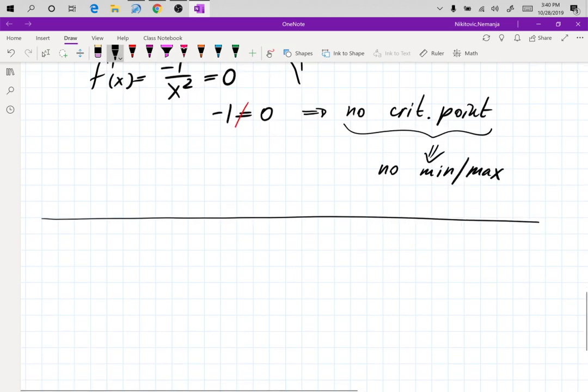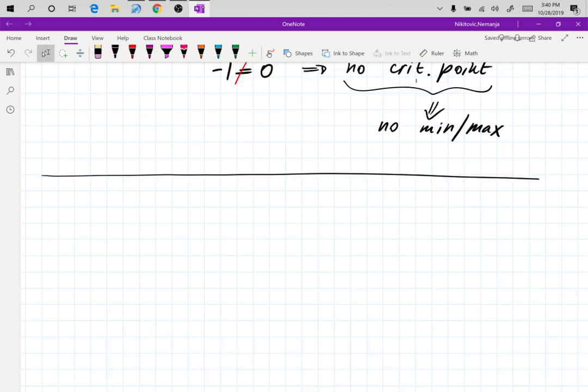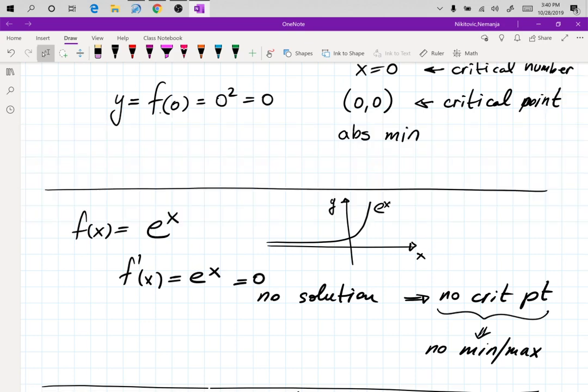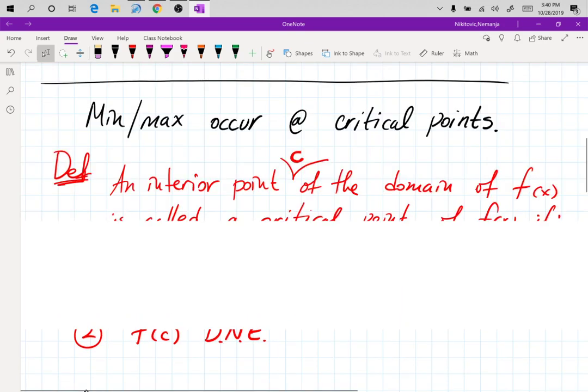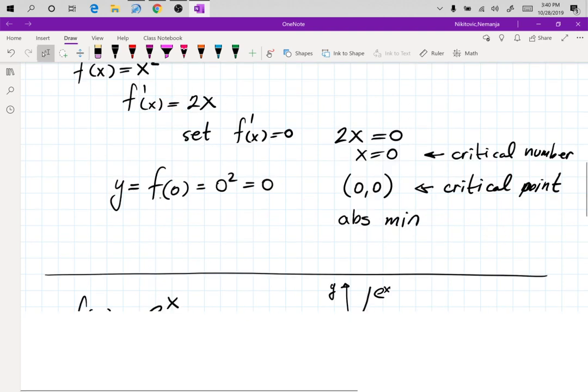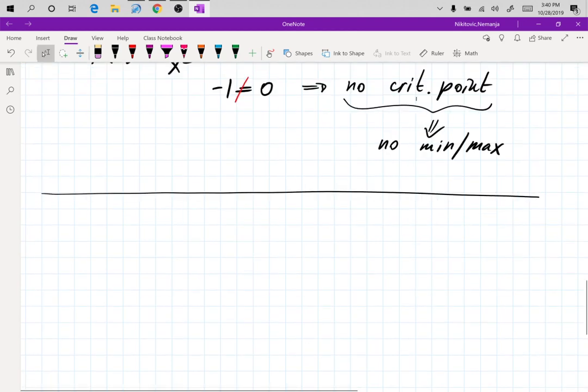Now, before we go to those, I want to briefly talk about this point number 2 over here, where the derivative does not exist. You also have to consider that, because you could have a min and max at places where the derivative does not exist.